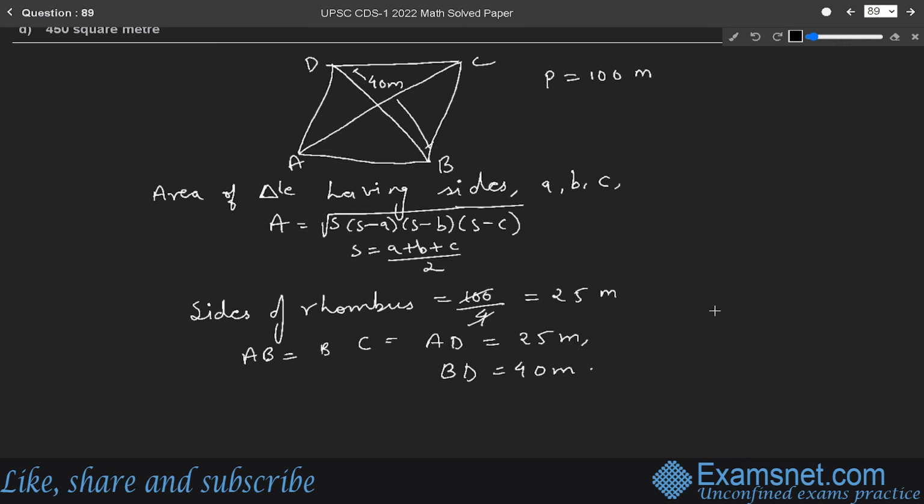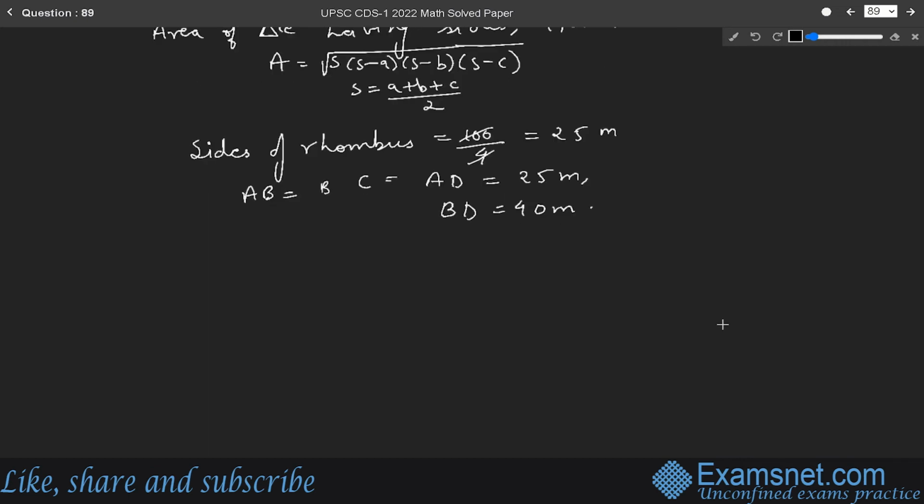Now let us find the semi-perimeter for this required diagram. So the semi-perimeter is A plus B plus C upon 2, which will be 25 plus 25 plus 40 upon 2, which gives 45 meter. So this is the semi-perimeter. Now we have to find the area of the triangle.